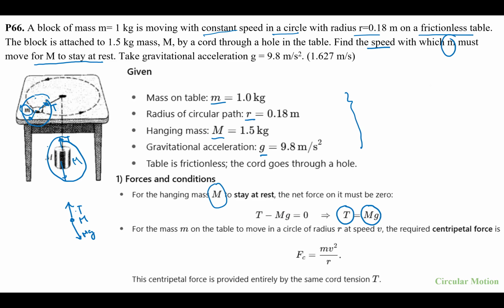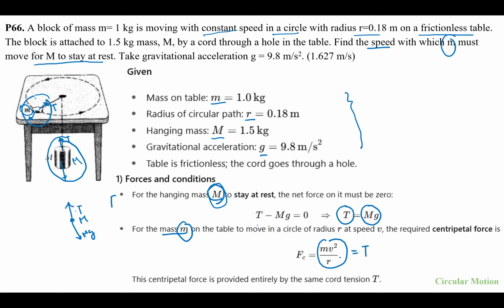And we need to move our attention to small m, this small m mass. And then we note that if it is circular motion, we have this centrifugal force, and it should be the same as T, okay? And then we have two equilibria for the capital M and small m, okay?